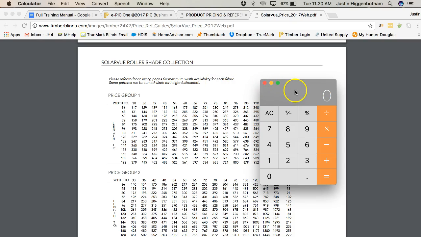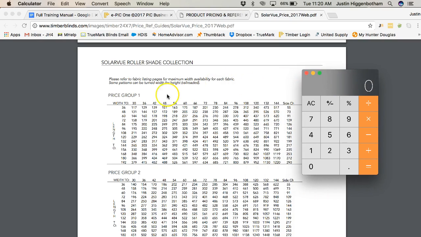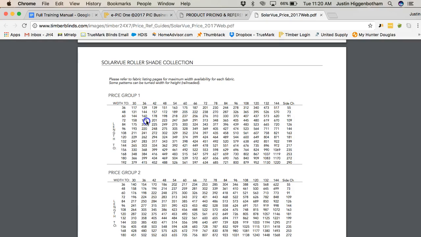All that means is, say I'm asked, could you please give me a cost for a price group 1, 35 by 72 shade. You go to price group 1, 36, because it's 35 and we know we need to get 36 at least. Go down here, we'll see 179 is what we have there.